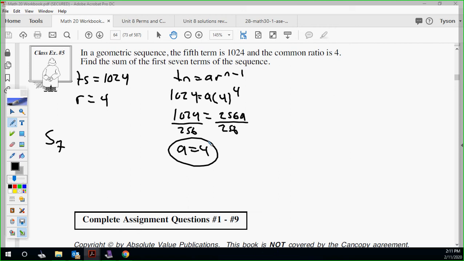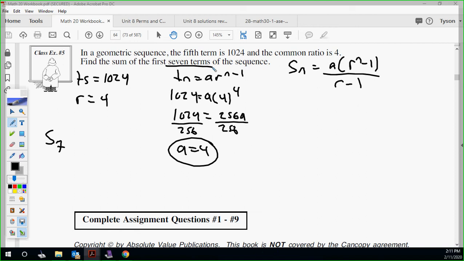So for your formula, we would use the s sub n one. We're using that one. Because it's n minus 1, so 5 minus 1. Because in terms of the general term.